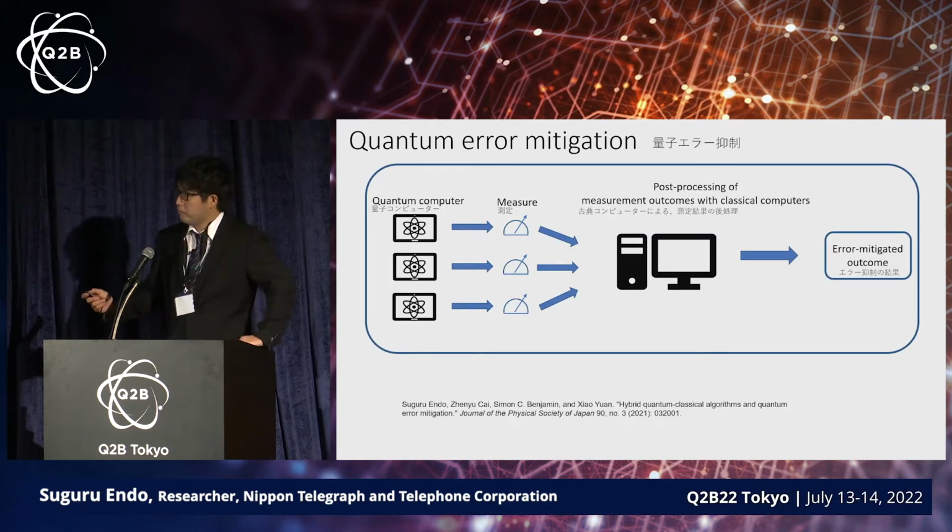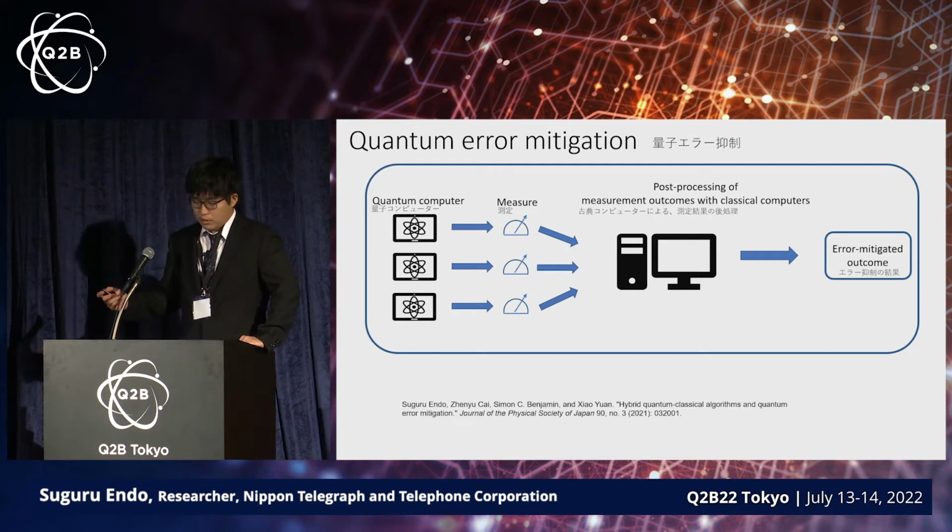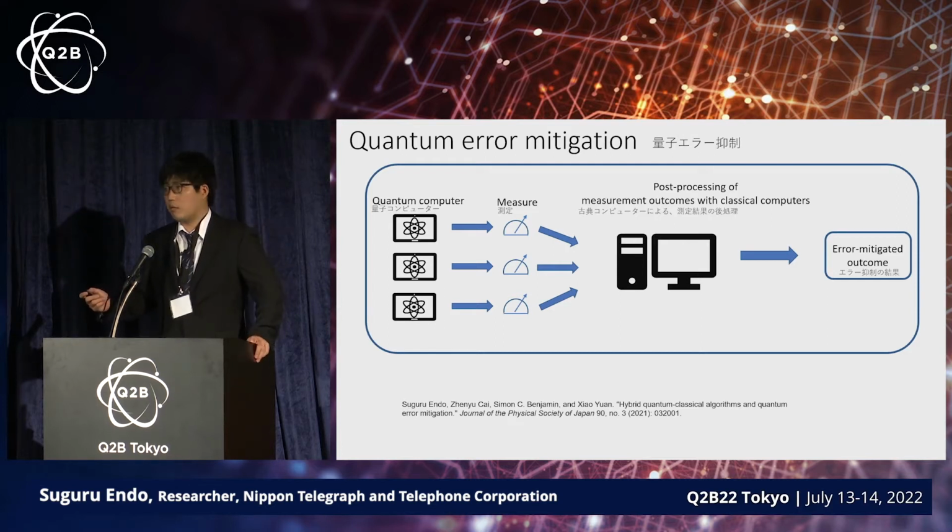Okay, the algorithm of quantum error mitigation can be summarized as follows. We perform the quantum computation in parallel and measure the results in quantum computers.